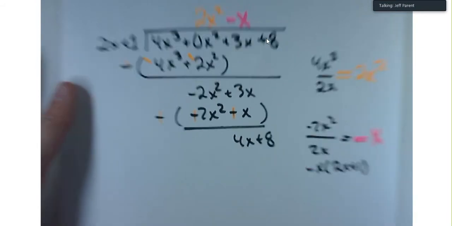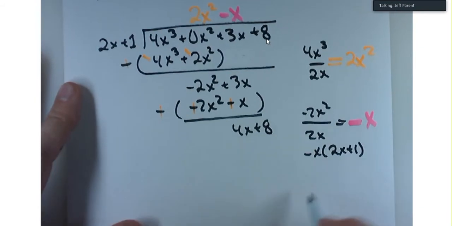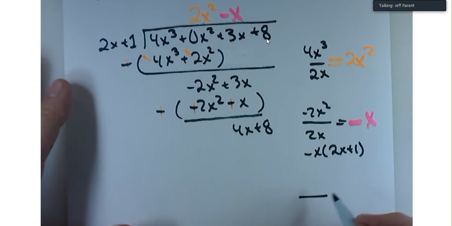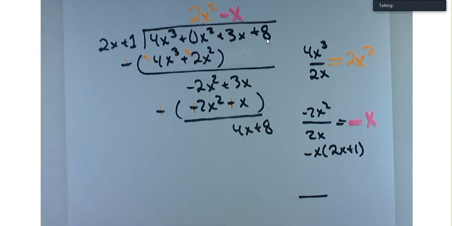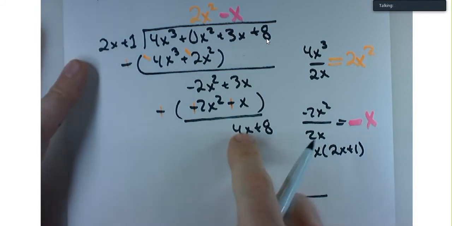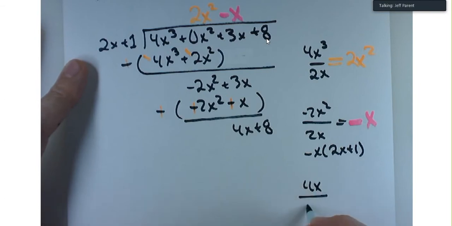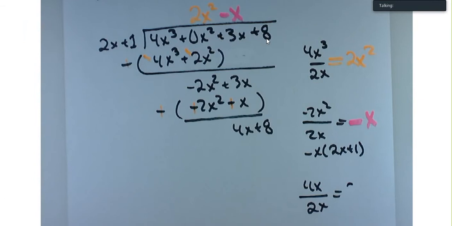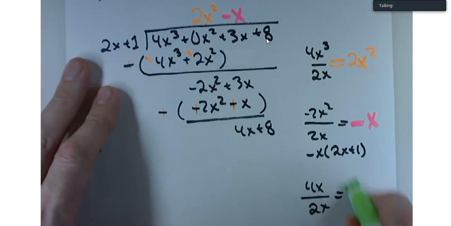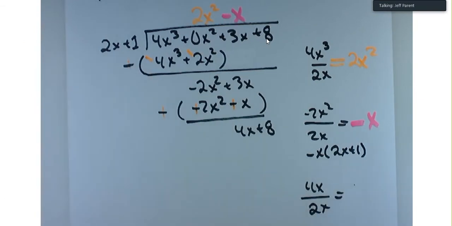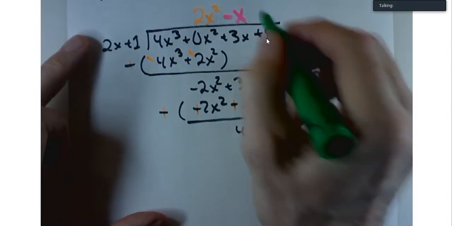And that brings us down to our last comparison, the last figure out step. Let's see, so it'll be 4x divided by 2x gives me 2. I'll continue to do the little color coding thing here. So that's going to be a 2 here.